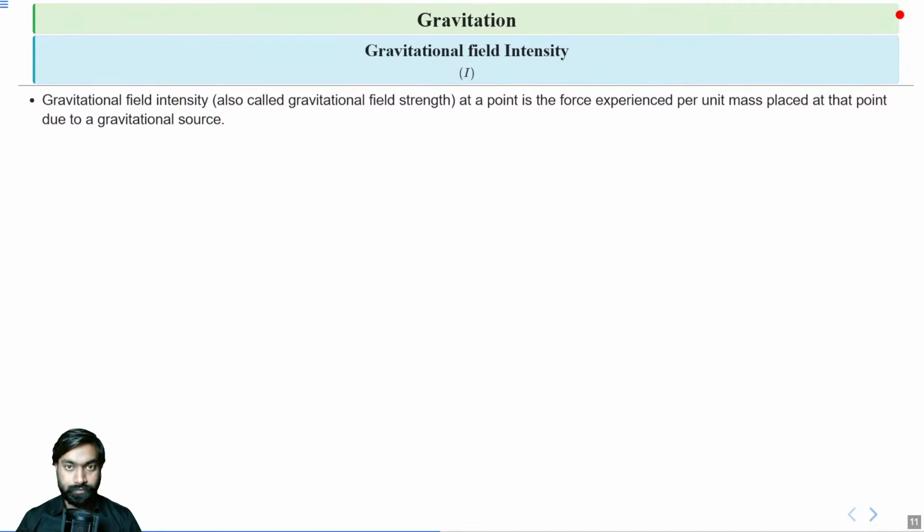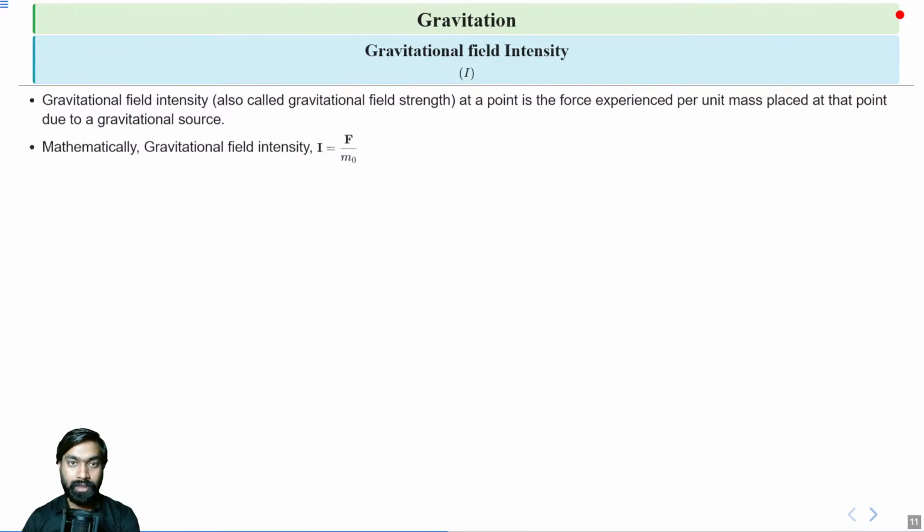So next is gravitational field intensity. How can we define it? Basically, gravitational field intensity at any point is defined as the force experienced by a test mass divided by the magnitude of the test mass when placed at the desired point.